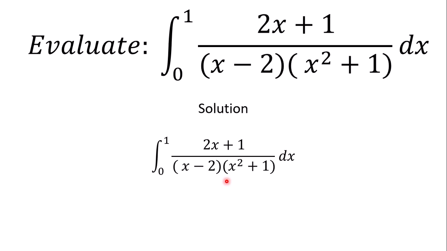But how is the partial fraction going to be applied? Because there are three ways of using partial fractions. One, the linear factor. Two, the quadratic factor. Three, the repeated factor.